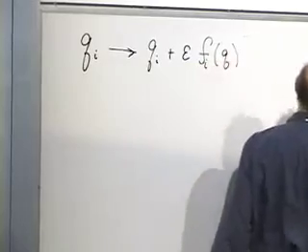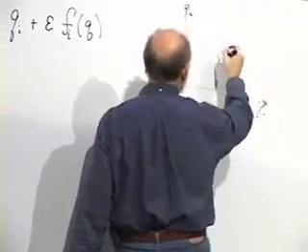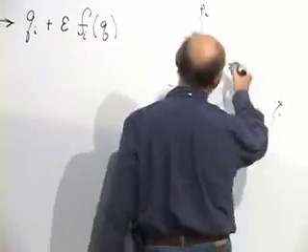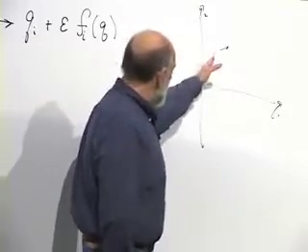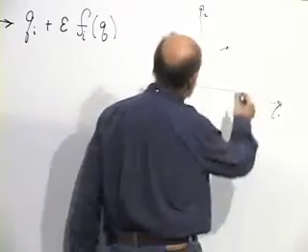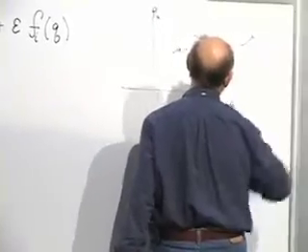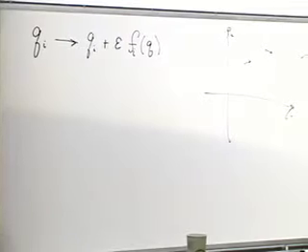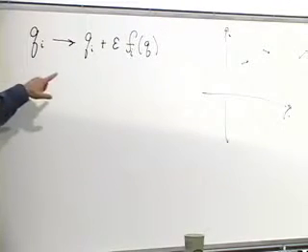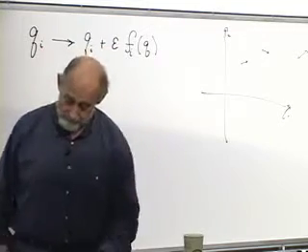If here is your configuration space, q1, q2, and so forth, then wherever you happen to be, the transformation defines a little displacement to a new location. That displacement in general can depend on where you are, where you start. But it's a small transformation. Small in the sense that epsilon is a small quantity, and we'll keep track of things to order epsilon.